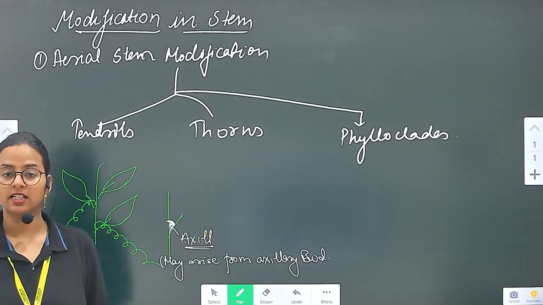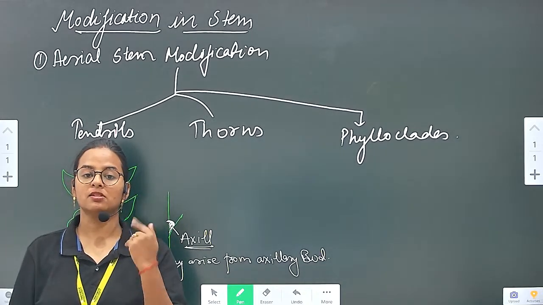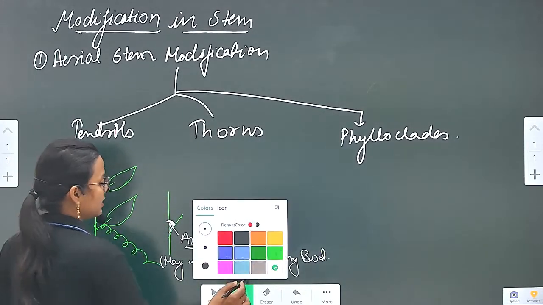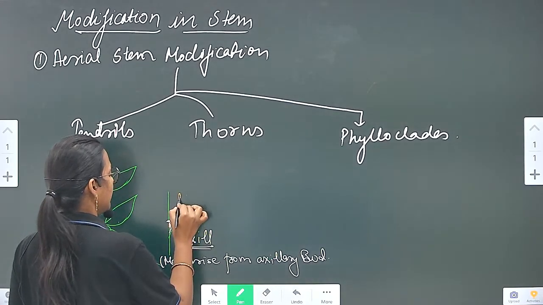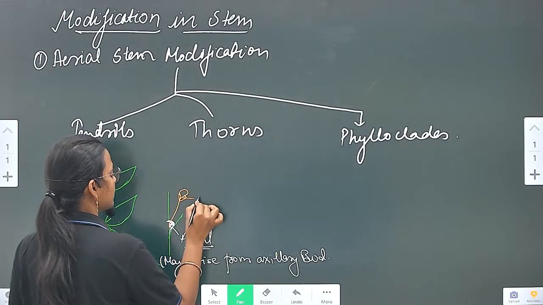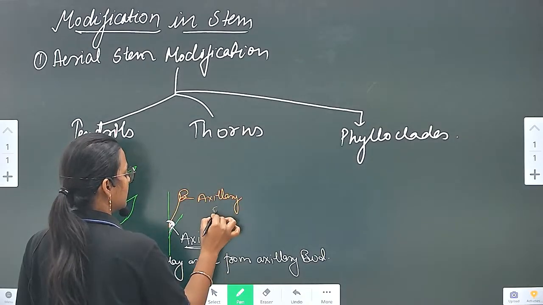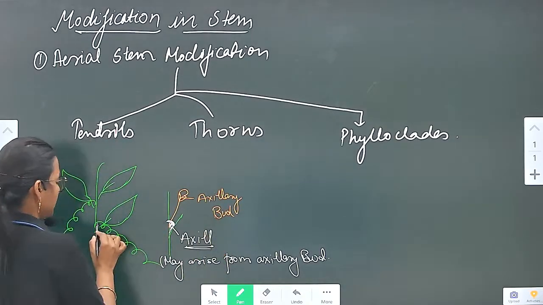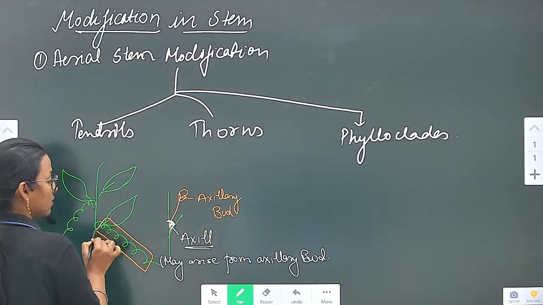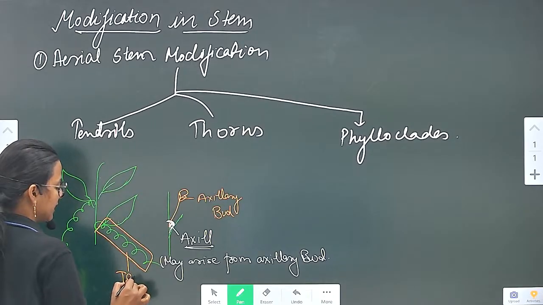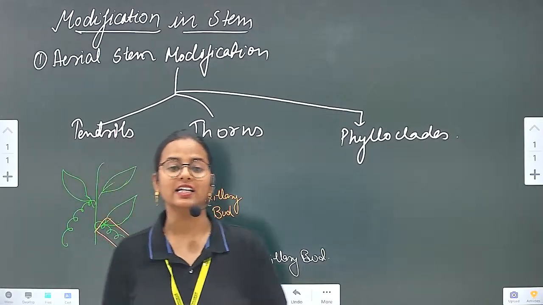Is that clear? The angle between the main stem and the branch is simply called the axil, and the bud arising in that region is called the axillary bud. So, this structure that you see here is called the tendril, which is meant for support and climbing.